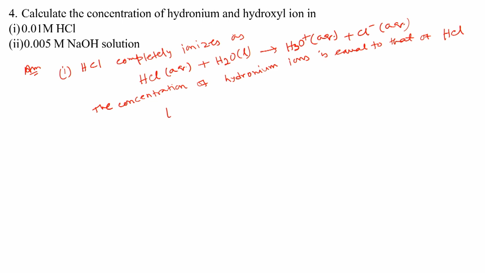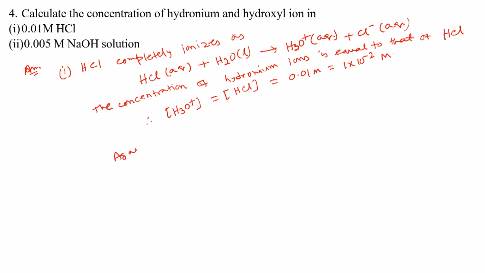So, concentration of H3O plus is concentration of HCl, and this is equal to 0.01 molar, or you can write 1 times 10 to the minus 2 molar. So, concentration of H3O plus is 1 times 10 to the minus 2 molar.